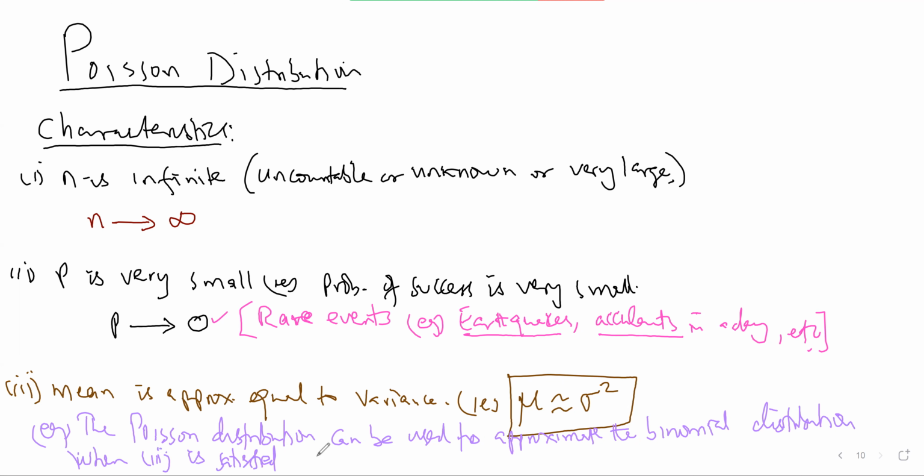That is, we're talking about when mu is equal to sigma squared. So we're talking about when NP, that is our mu, is equal to NPQ, which is our variance.